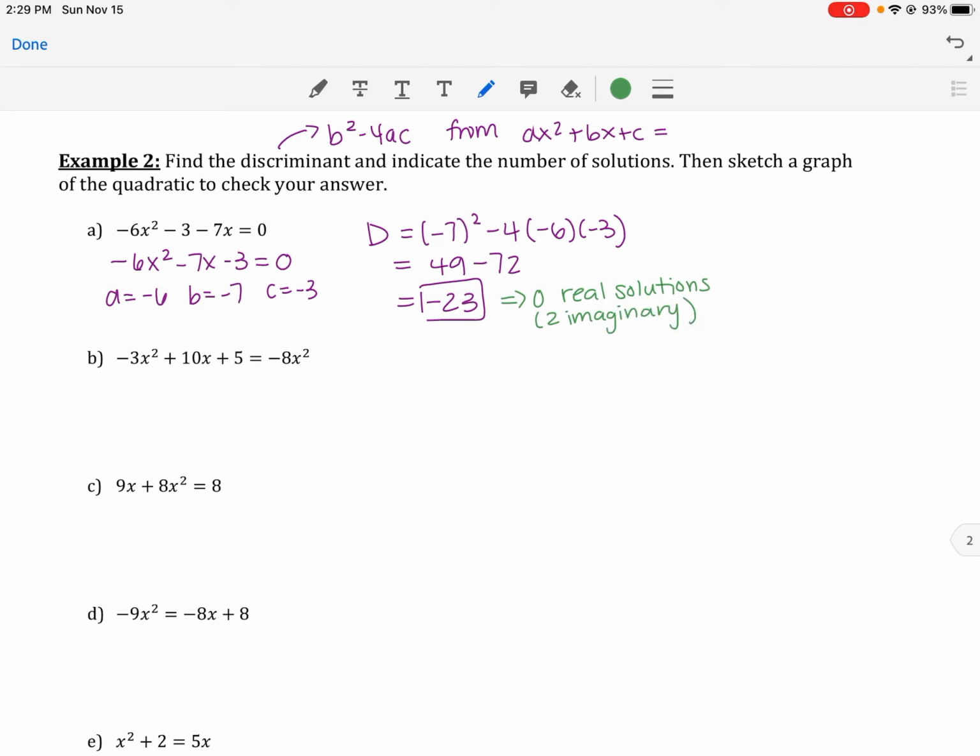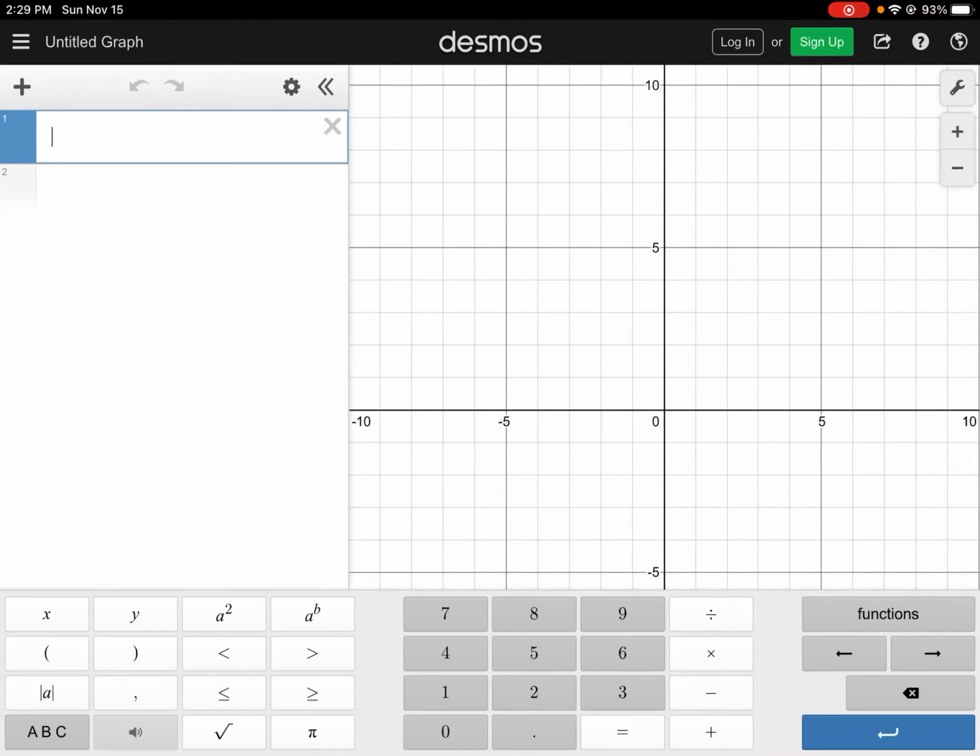Okay, what I said here is just double check it with a graph. Whether you've got your graphing calculator nearby or you want to pull out decimals, let's type it in, negative 6x squared. Oops, that didn't work. You can either type in the original, like minus 3 minus 7x, or you can type in the way we rearranged it.